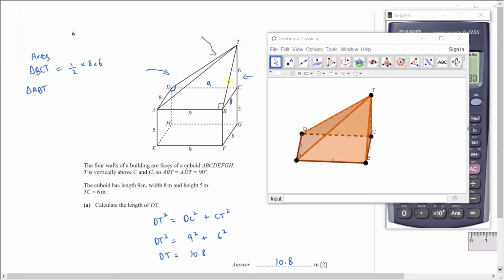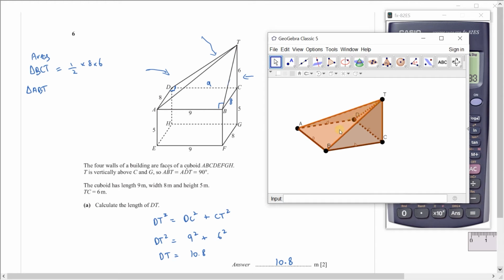So now to calculate BT, I can again use this triangle BCT that we previously calculated the area for, and this would be the hypotenuse. So if I rotate it back, BT is the hypotenuse of this triangle BCT. So for triangle ABT, I can first calculate BT. BT square will be equal to this side is 8, the other side is 6.